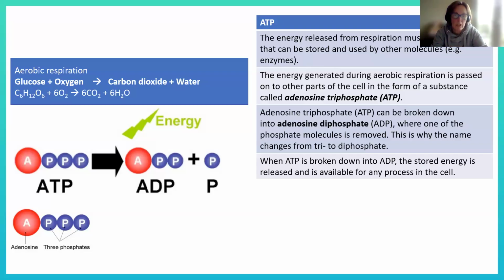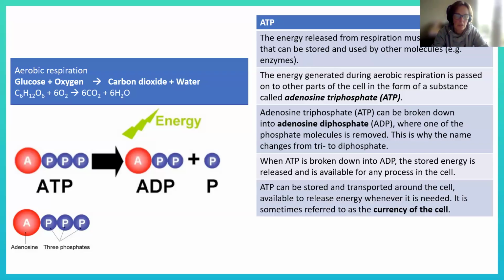The energy is released when this ATP is changed into ADP. It can then be used around the cell for various processes like active transport. It's sometimes referred to as the energy currency of the cell because it's a really quick, convenient, and easy way to use and move energy.